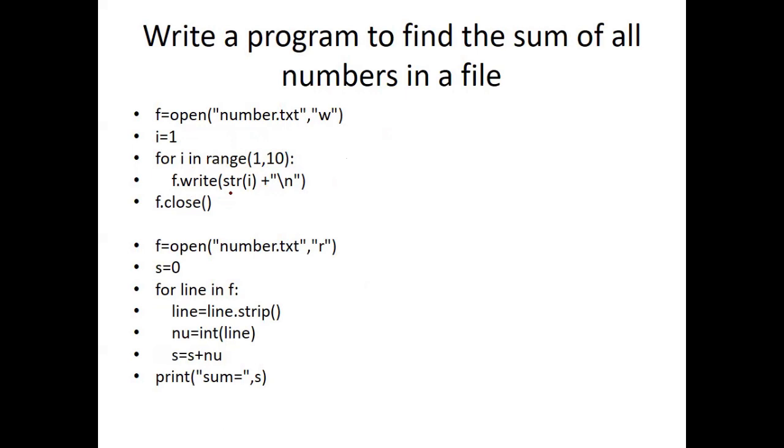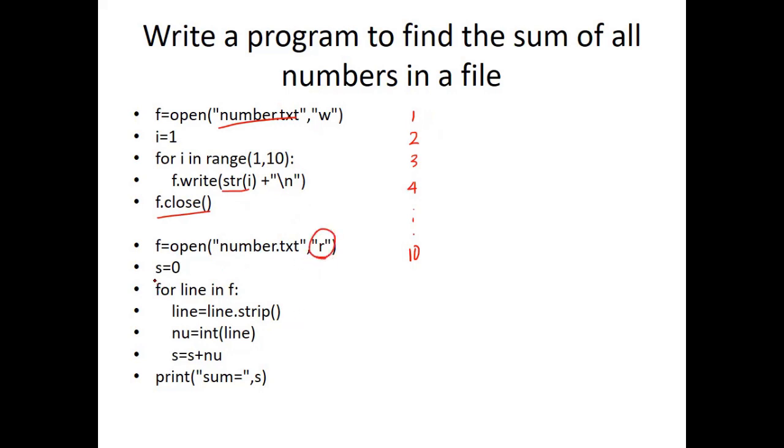So when you're writing into a file, it should be written as a string. This is very, very important: whenever you're writing anything into a file, it is written as a string. So in this particular file number.txt, it will be written like this, up to 10. Then you're closing that file and opening it again in read mode.